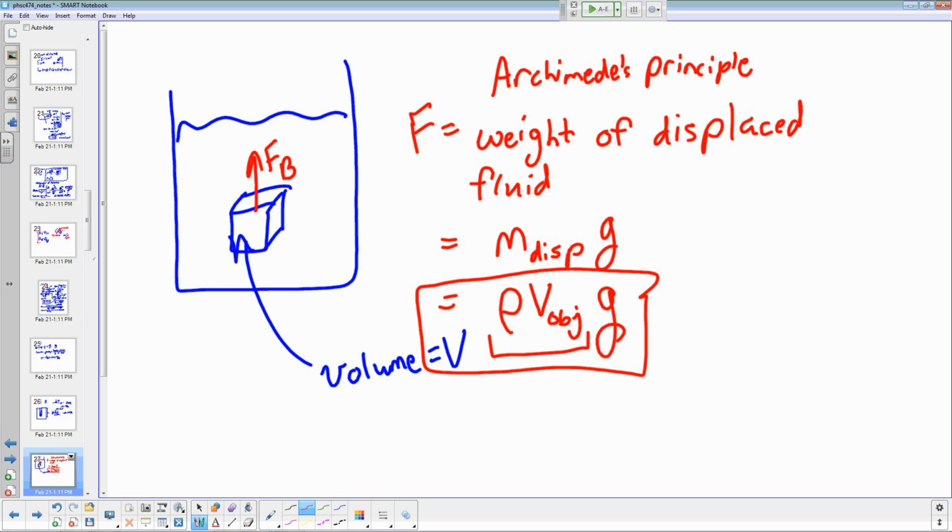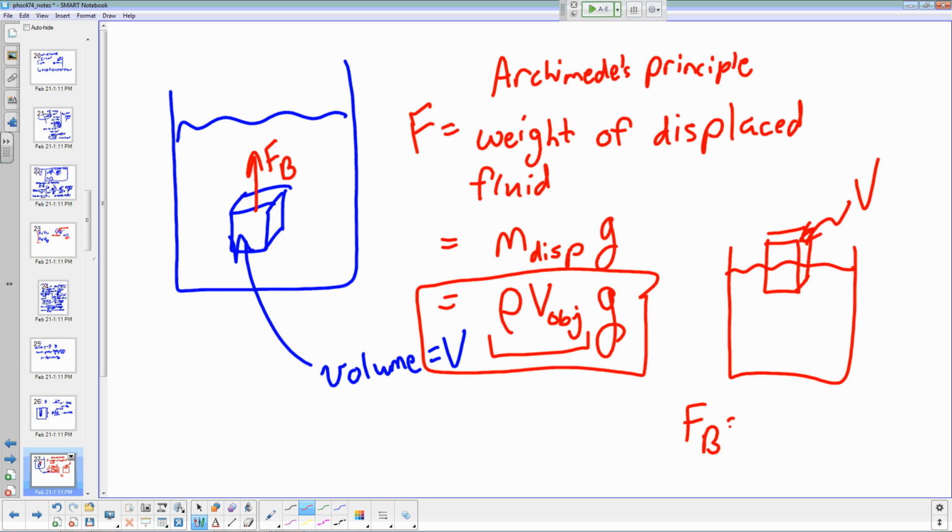This buoyant force is always equal to this, whatever my object is. Sometimes, however, you can have different situations. Say, for example, my object is only halfway submerged. If my object has a volume V, then my buoyant force is going to be the density of the fluid, which in this case would be water or whatever is being displaced, times the volume of the object divided by 2, or whatever fraction of the object is submerged, times g.